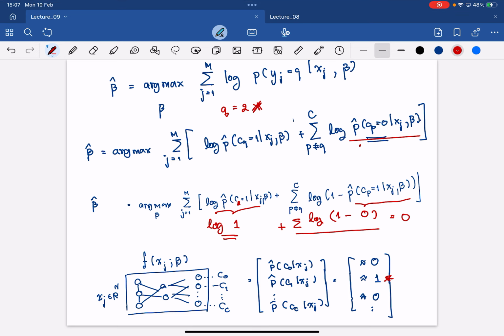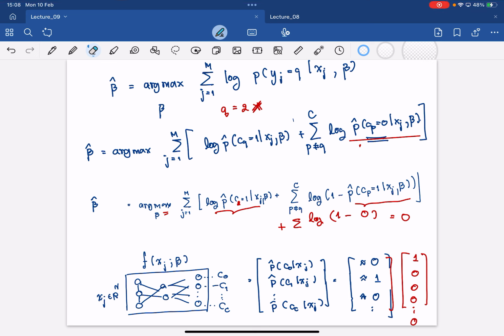That's equal to 0, which is the maximum. But if we know that our predictor or classifier gives us an output like this, where it's misclassified, then what happens is that this will be equal to 0, and one of these will make the term equal to 0 and the rest is equal to 1.